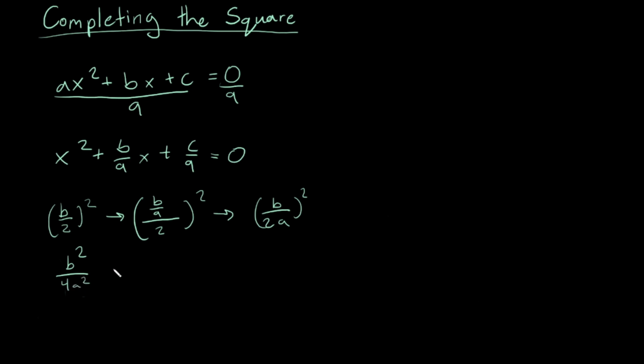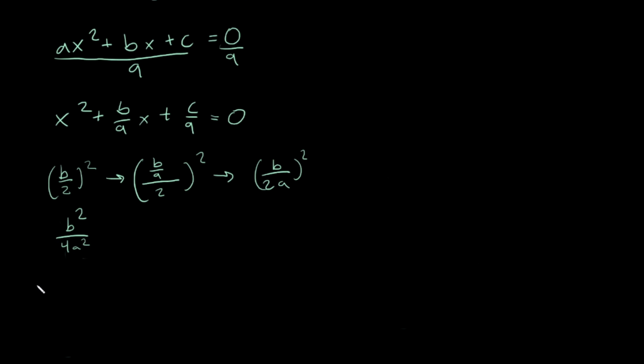Now we'll just write this down here as is. So we'll have x squared plus b over a x plus b squared over 4a squared minus b squared over 4a squared plus c over a is equal to 0.